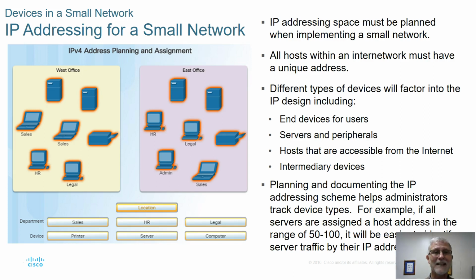Are there going to be any intermediary devices in there? So you need to come up with an IP addressing scheme that addresses all of this stuff. And I think in Chapter 8, we went through how to break down an IP address, how to design an IP address scheme. So that's one of the things that you've got to make sure you deal with in designing this network.